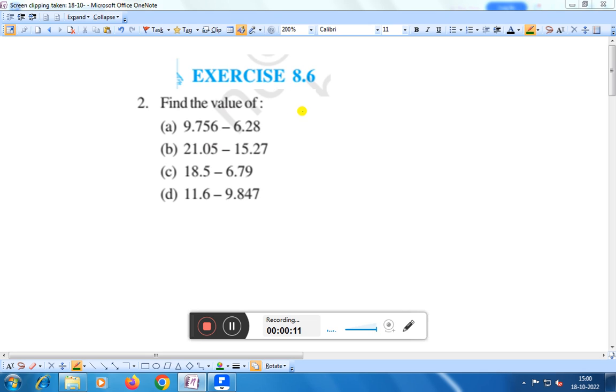It is question number A. Here we are doing question number A. Question number A is 9.756 minus 6.28.